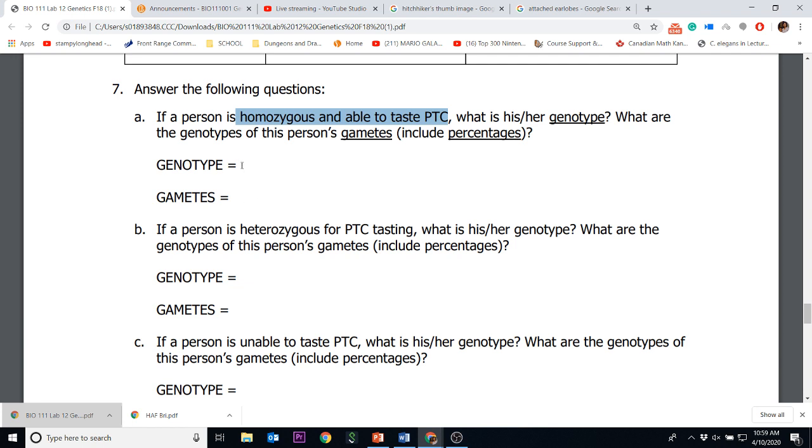So if all he has is 2 big T, then the gametes are 100% big T, right? You only have one T instead of two. So the genotype is somatic, showing you two alleles. But in gametes, you only have one of those alleles. But since he is homozygous, 100% of the gametes will be big T. You getting it?